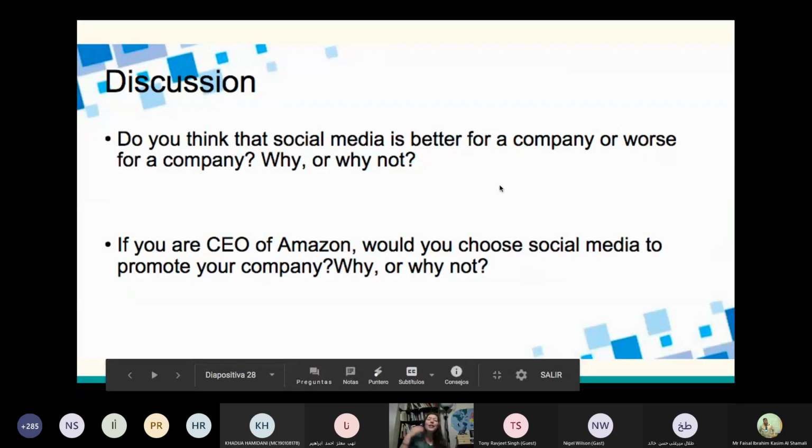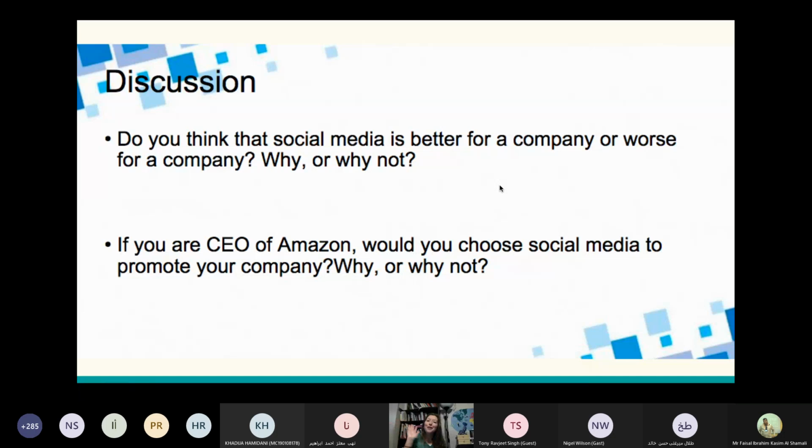And they also looked at how, is social media better for a company or is it worse for a company? If you're the CEO of Amazon, would you choose social media to promote your company? And so they looked at different ways and different practices.